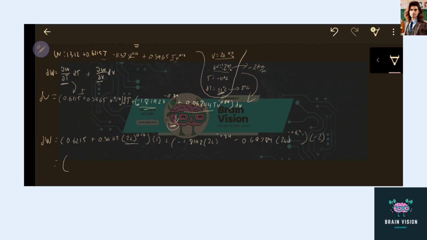And then you multiply that by 0.3965, and then you add that to 0.6215, and that will give you 1.289 plus, now you evaluate this, 26 to the power of negative 0.84 gives you 0.064777. You multiply that by negative 1.8192, and that'll give you negative 0.11784.